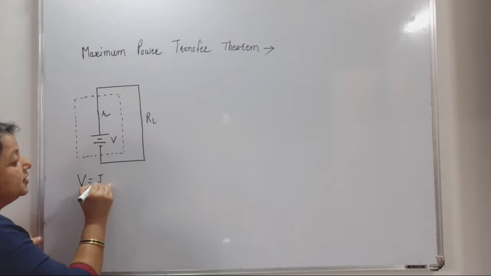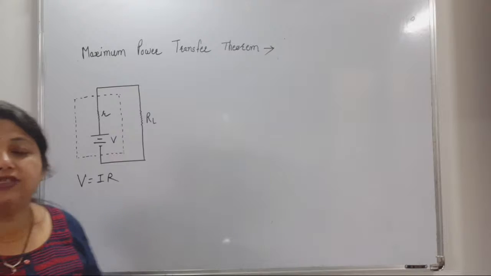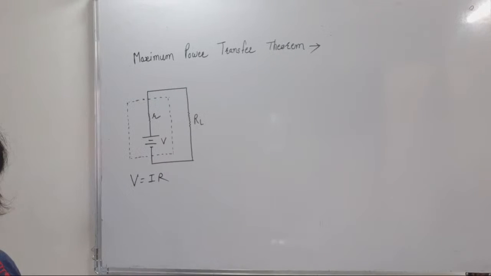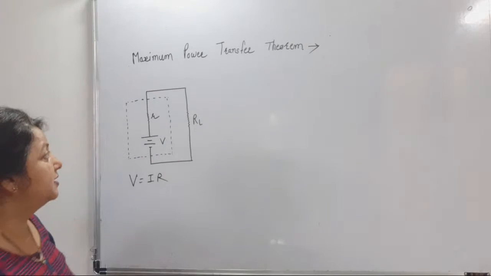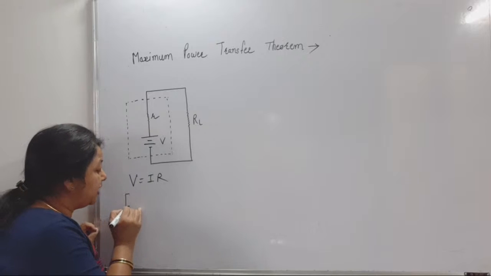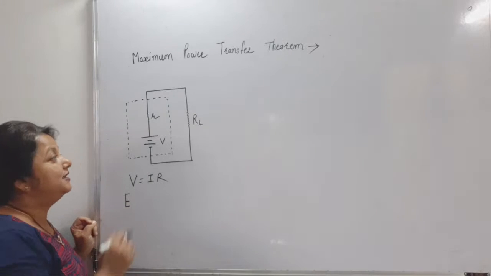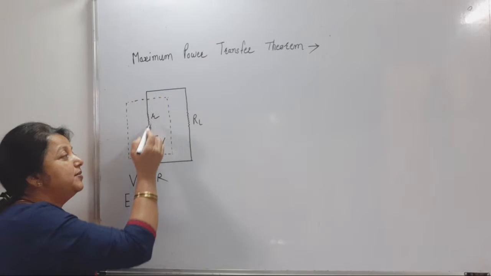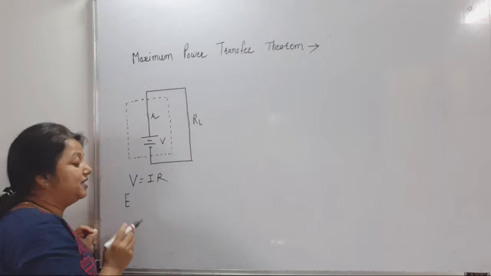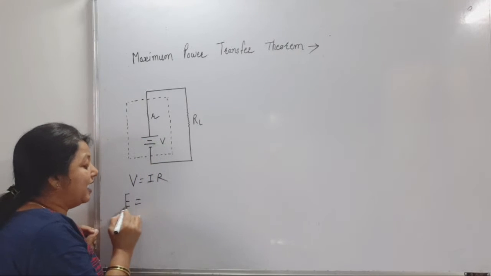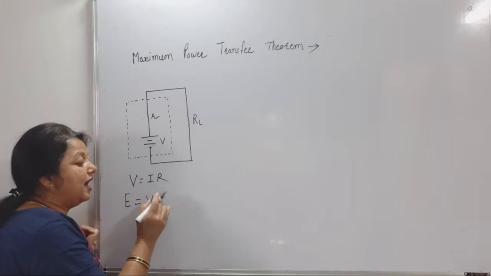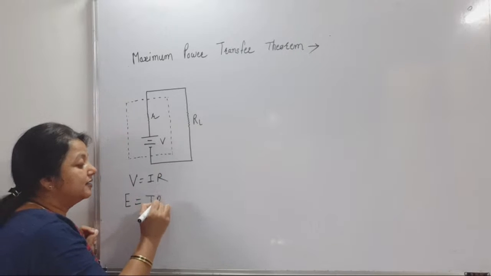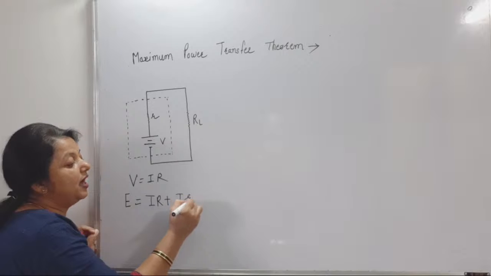You know that V is equal to I into R. That is the general statement of Ohm's law. But whenever we speak about the EMF of the cell, that battery having some internal resistance, and that is shown in this diagram, that source having internal resistance small r, at that time EMF is given by E is equal to IR plus Ir.